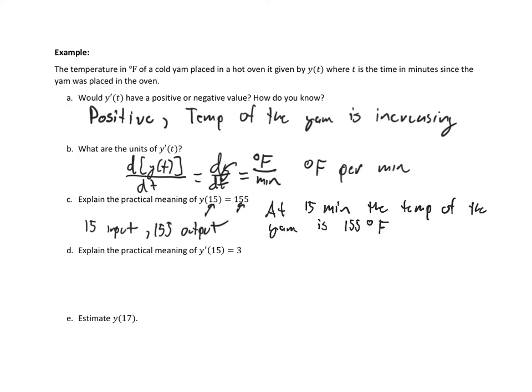That is something totally different than this next statement. Explain the practical terms of y prime of 15 equals 3. Well, again here, 15 is the input. But 3 is the rate of change at 15 minutes. The rate of change, remember, is going to be represented with y prime of t, which is in degrees Fahrenheit per minute.